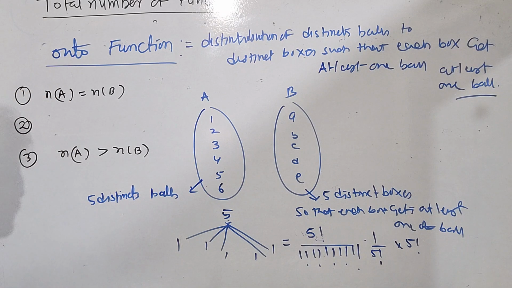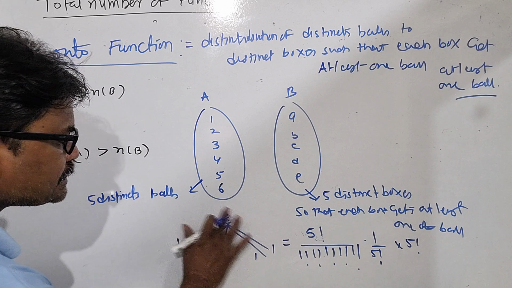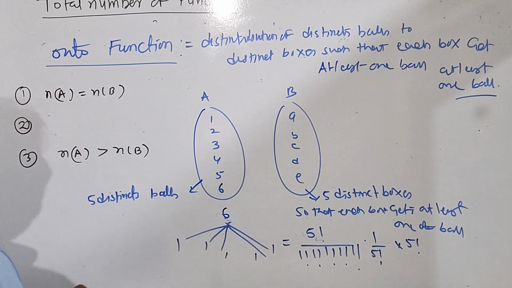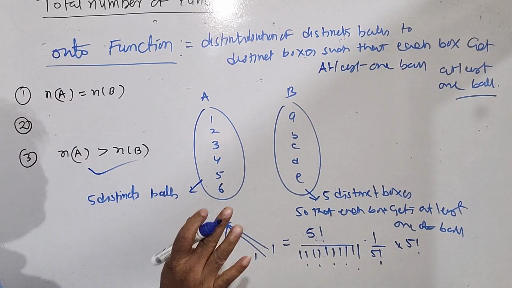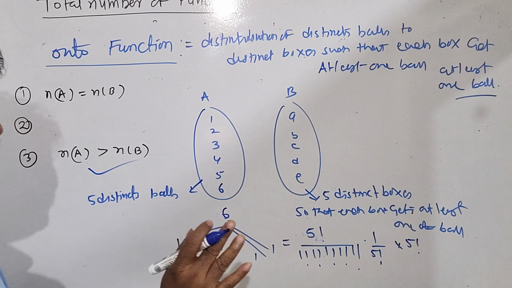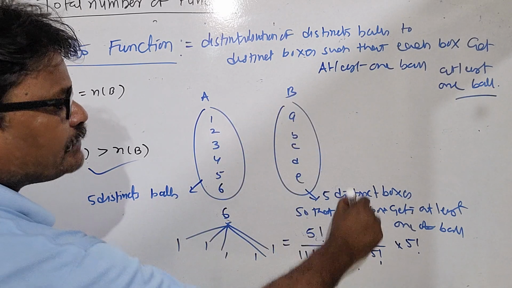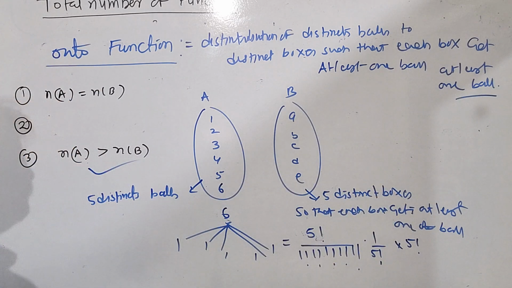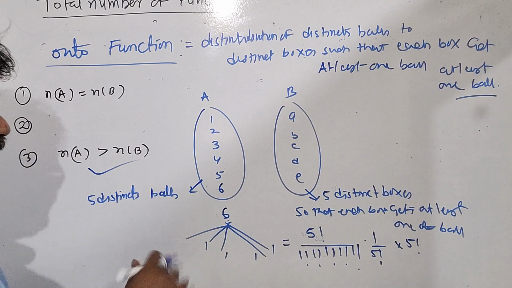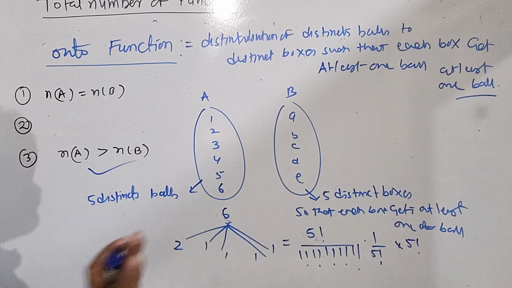Means you have to make the division. For example, this is 6. Okay, n of A is greater than n of B, then also the total number of onto functions is possible, correct? So 1 1 1 1 1 to each, because every box has to get at least one ball. So I can give one extra ball to any one of the boxes.